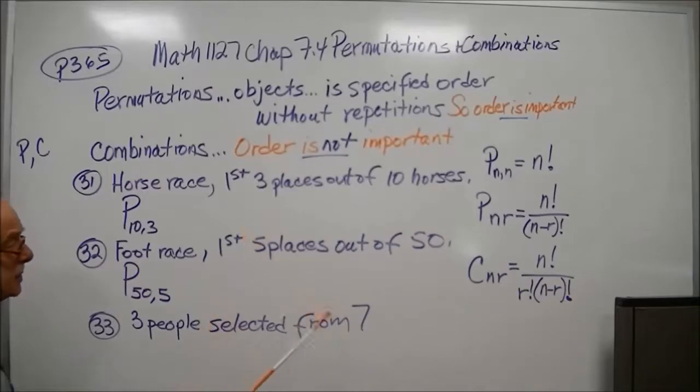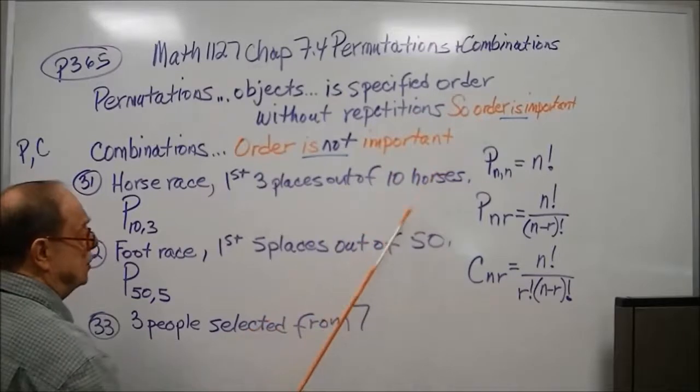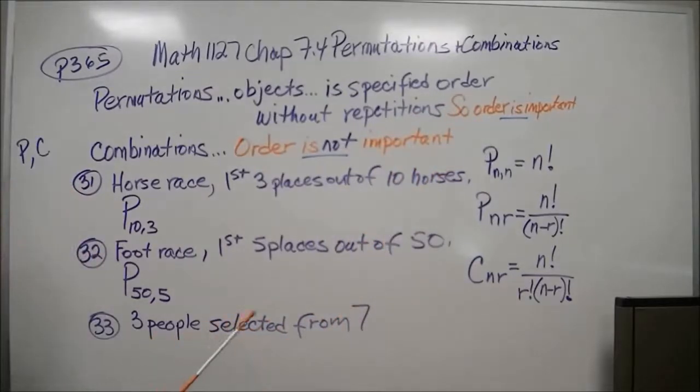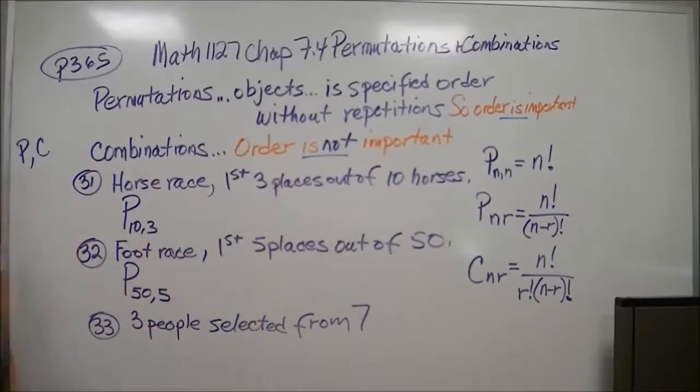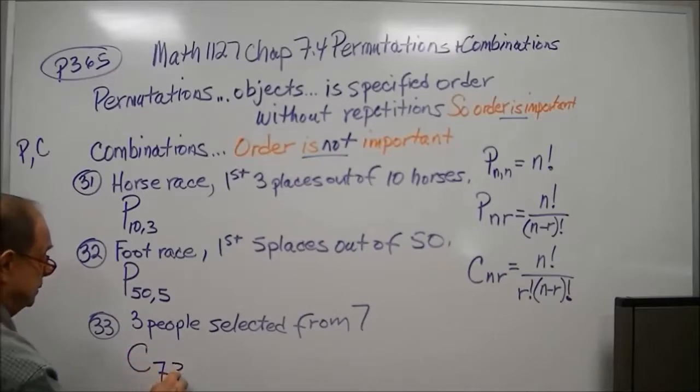And that should be your first thought when you read this. Is order important? No. So it is not important, and you have a combination. And how many people on the committee you're choosing from is 7, and you want to choose 3.